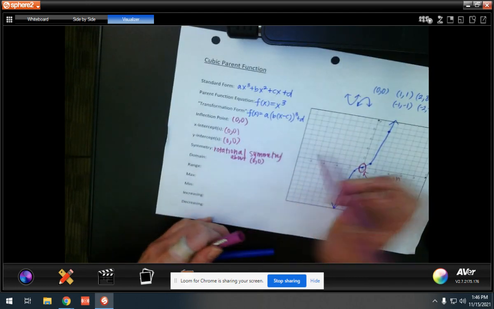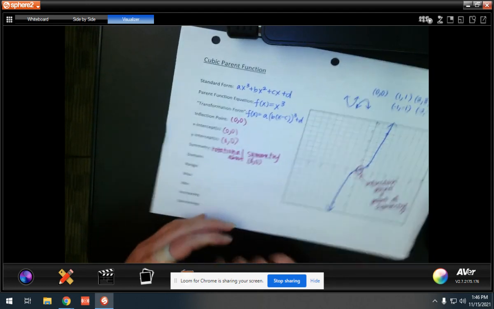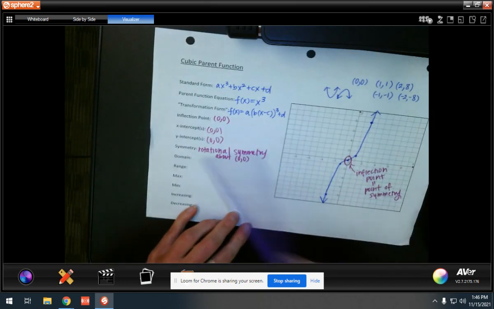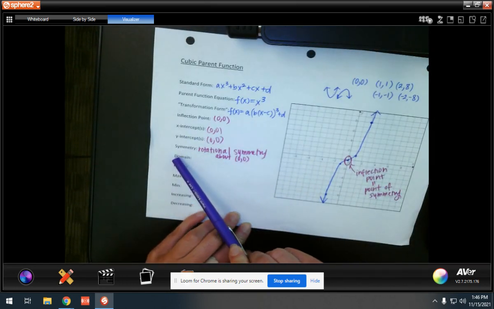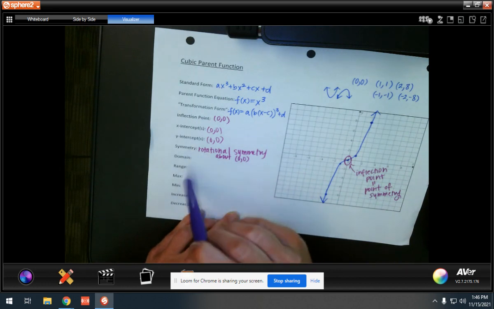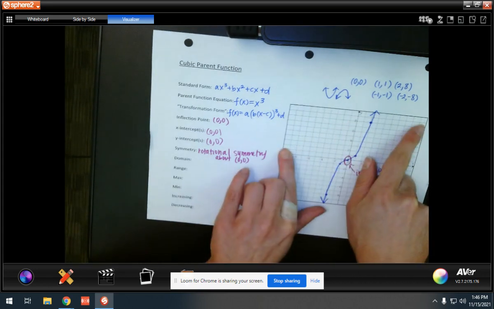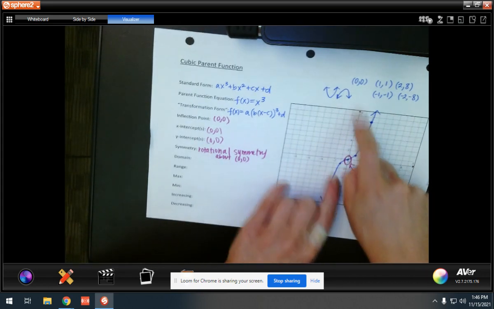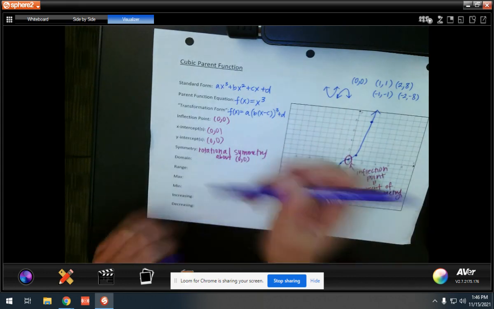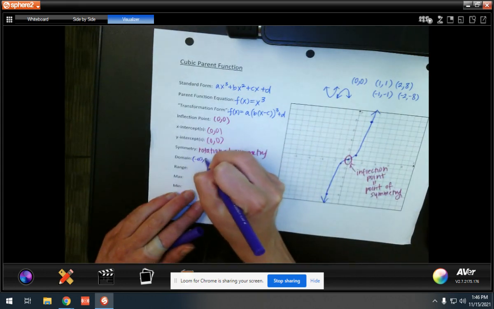The other different part about this function from quadratic is now both domain and range are all real numbers. So let those be the easiest test questions for you. Domain and range, all real numbers all the time, because it's making this S shape. Goes forever to the left, forever to the right, goes forever up and forever down. So all real numbers all the time.